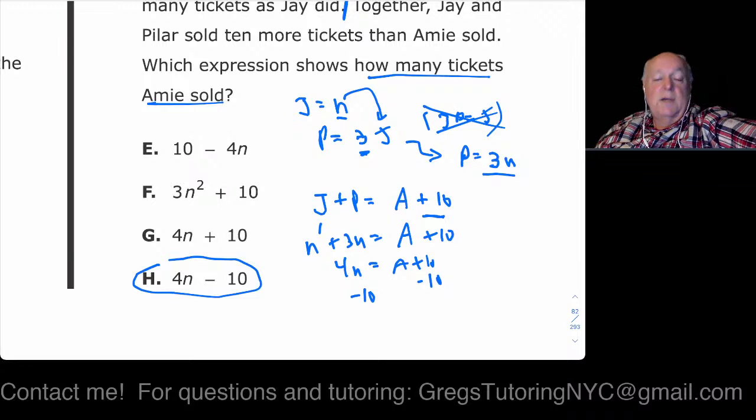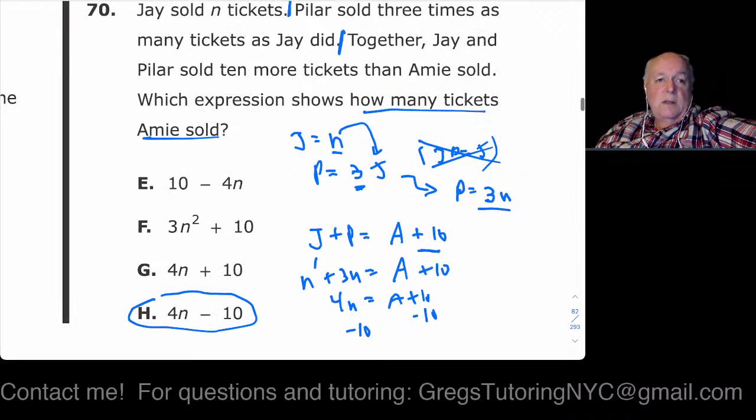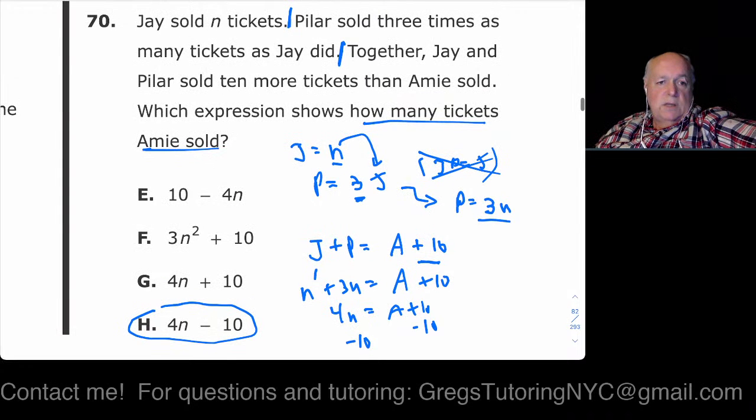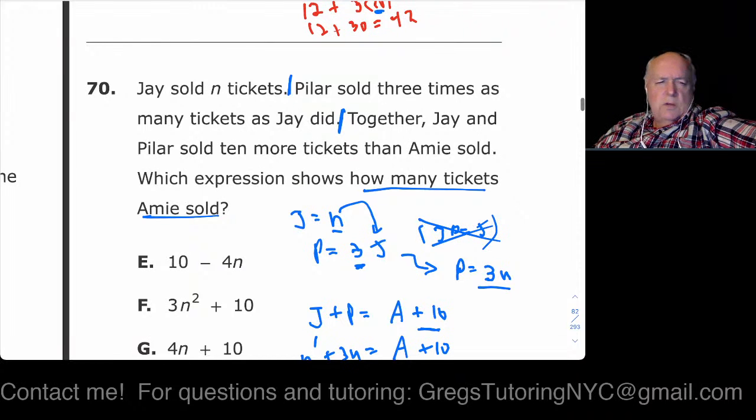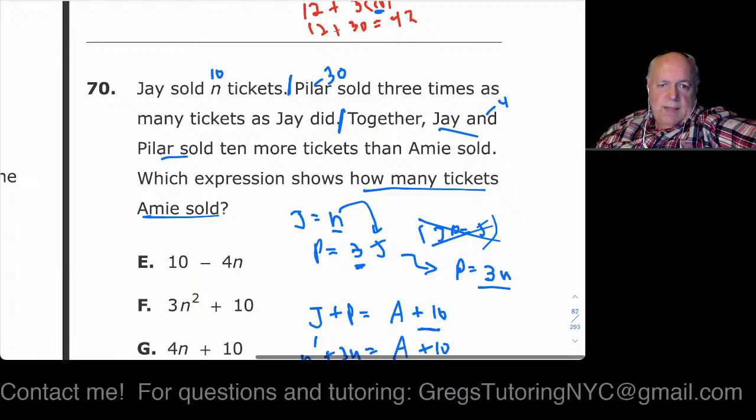And think it through. You can put a test number in there. Let's try to make this using easy numbers. J sold 10 tickets. Pilar sold 3 times as many tickets as J did. So then Pilar sold 30, okay? Together, J and Pilar sold 40, and they would have sold 10 more than Amy, okay?